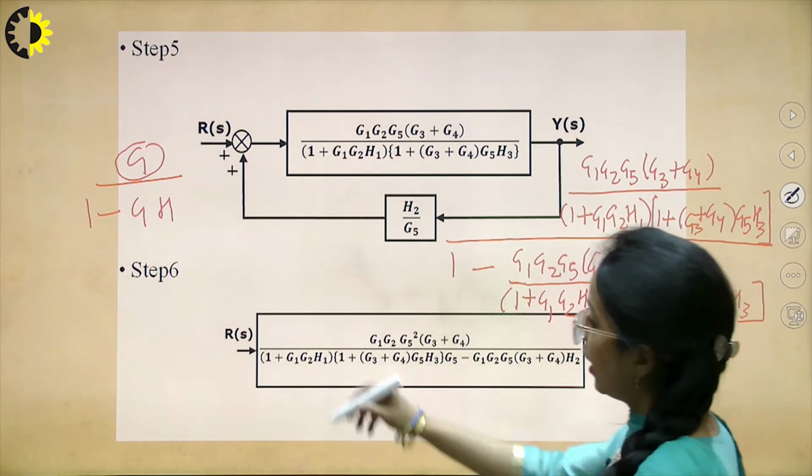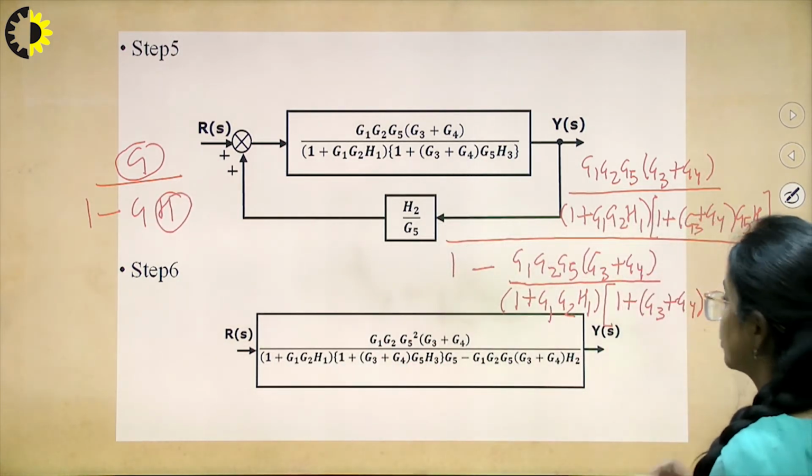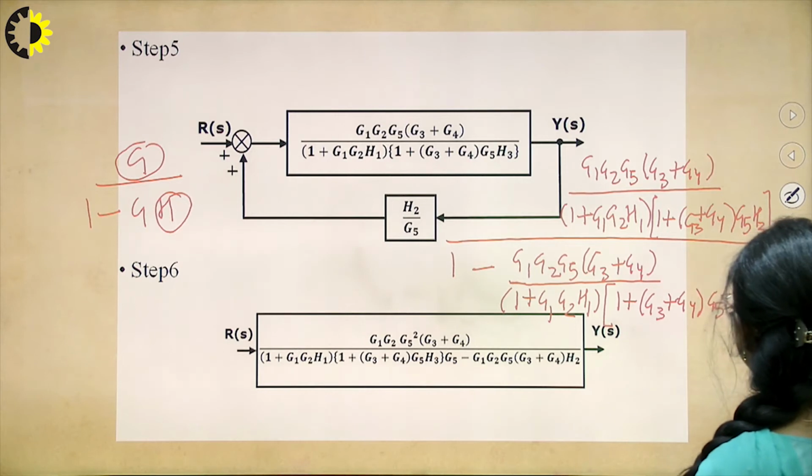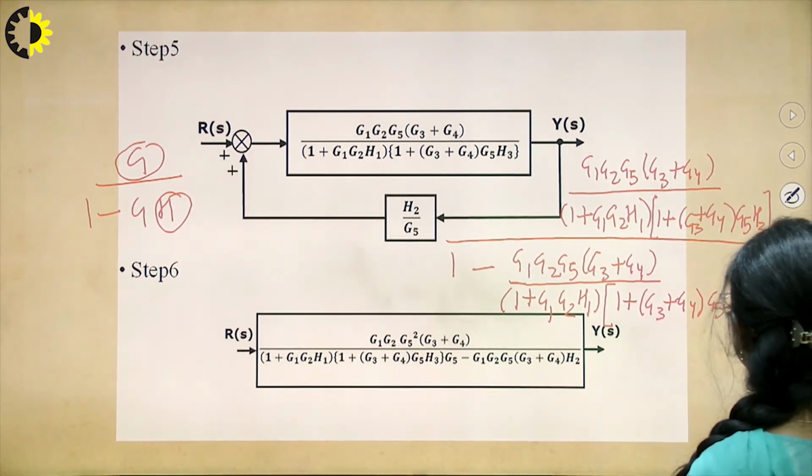Now I have to introduce H as well. So H is H2 by G5.